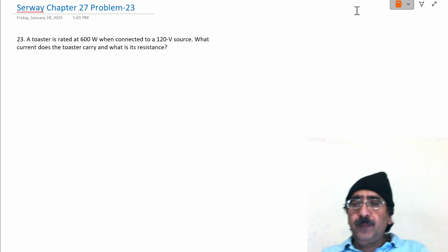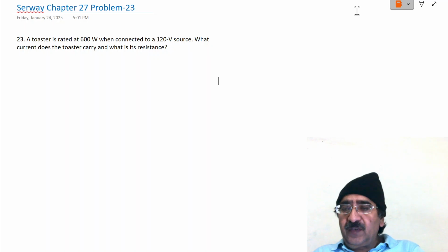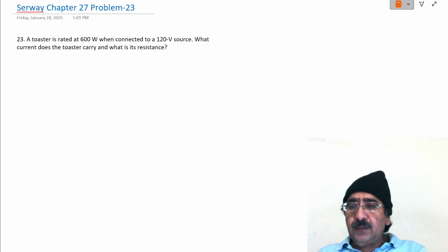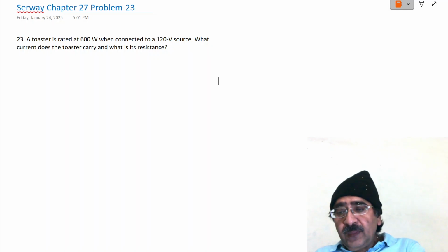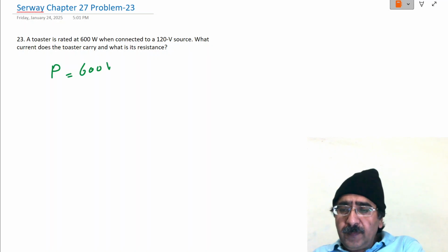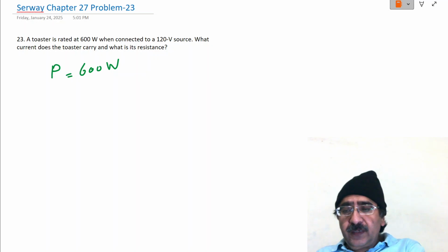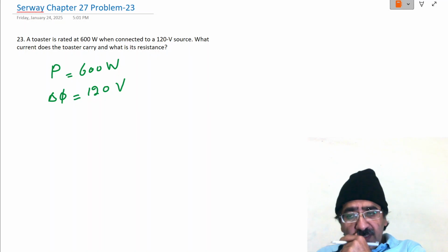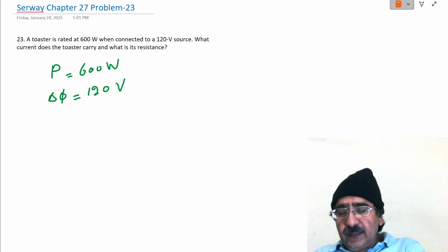Now we will solve the problem. We will solve problem number 23 from chapter 27 of Serway. The toaster is rated at a power of 600 watts when connected to a potential of 120 volts. What current does the toaster carry?